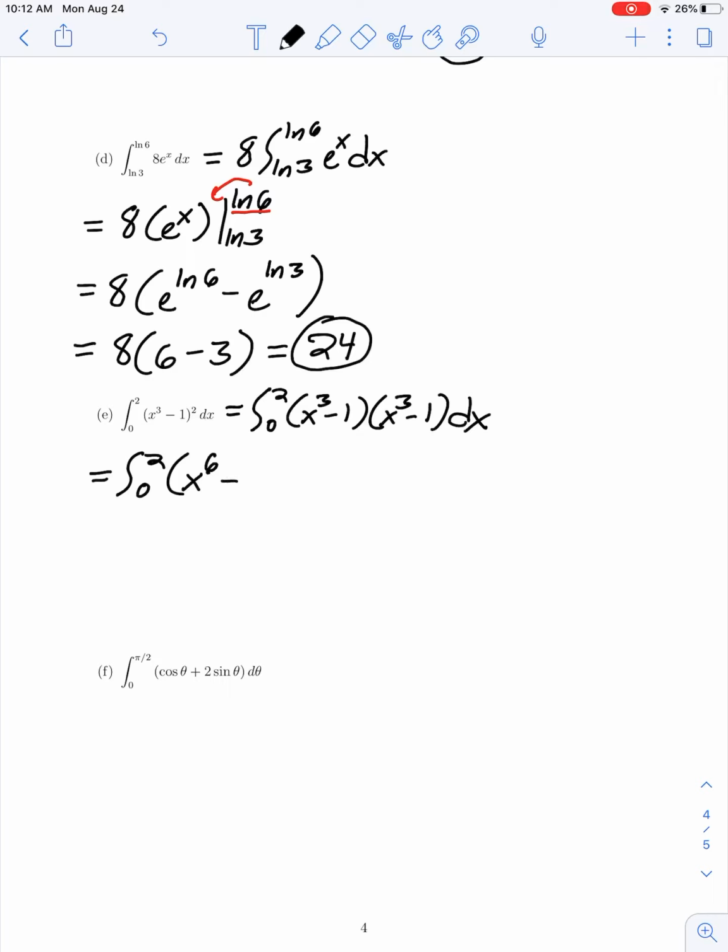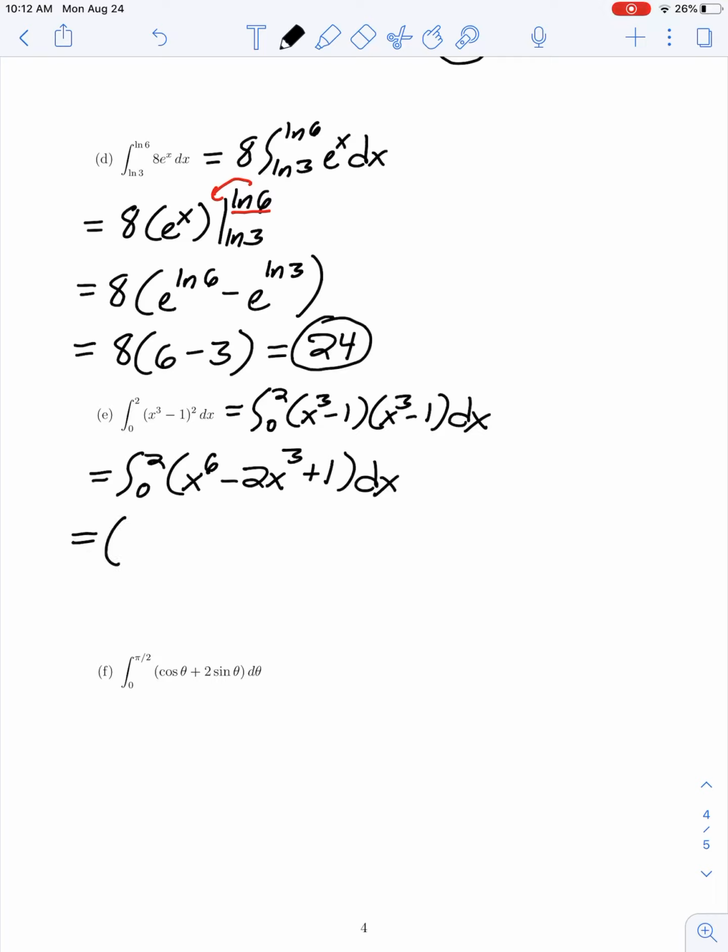Then multiplying our outer two terms, we have a negative x cubed. And then multiplying the inner two terms, we have another negative x cubed. So altogether negative 2x cubed. And then multiplying our last two terms, negative 1 and negative 1, we have a positive 1. And then we're integrating with respect to x.